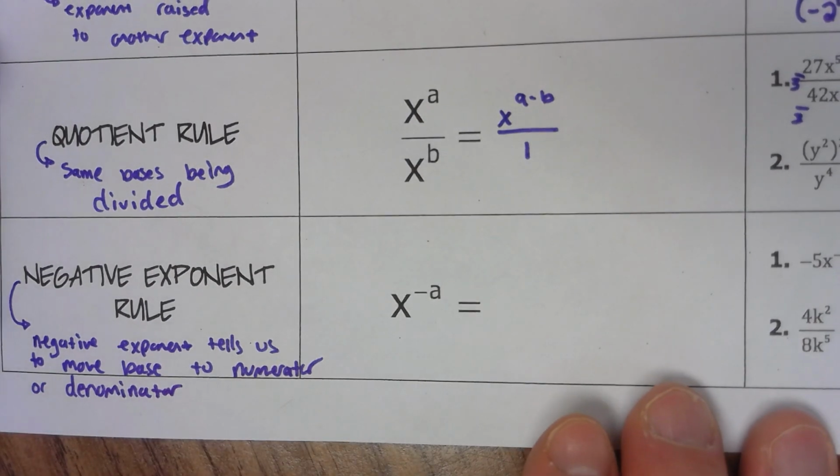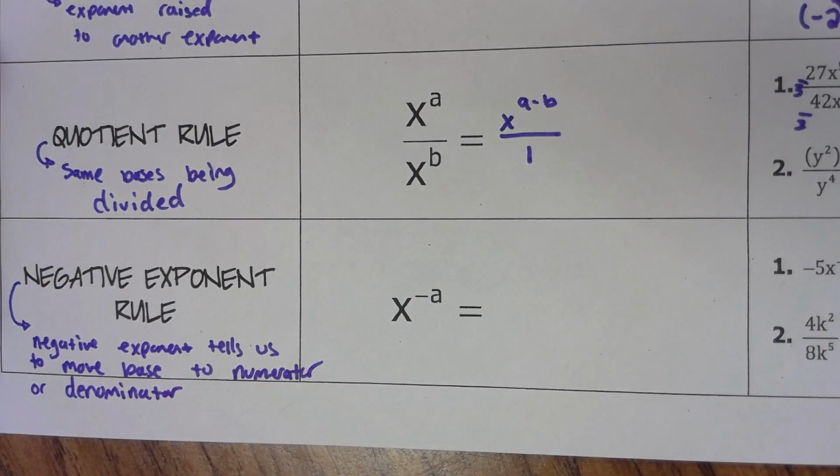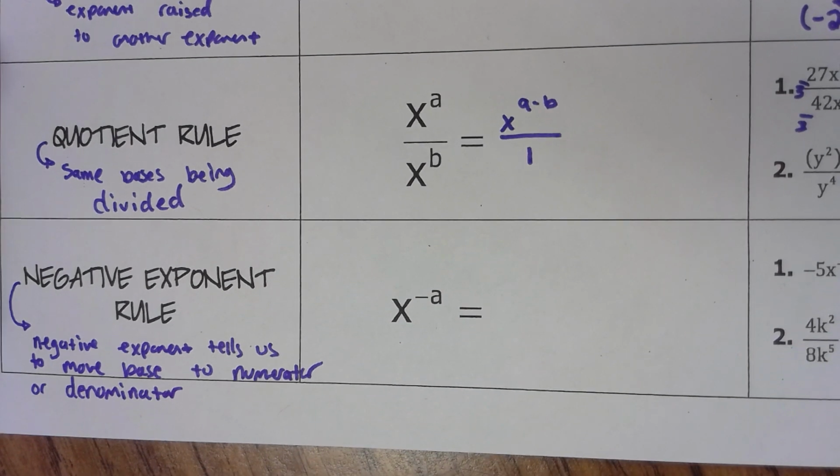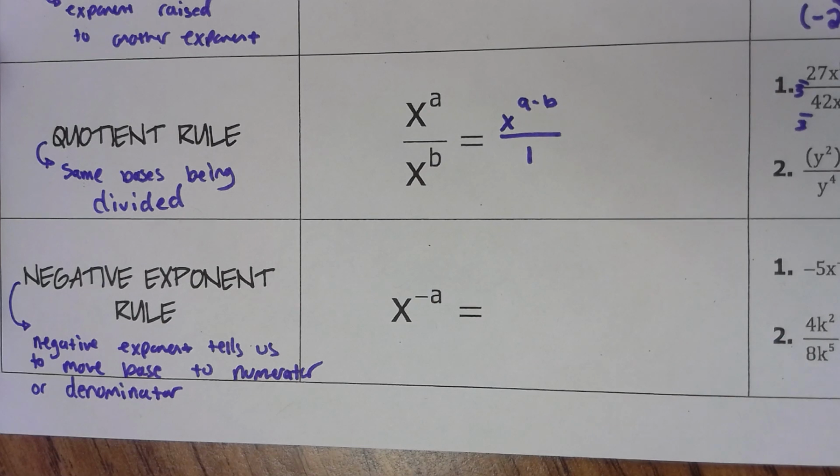So think of it as being just like a, hey, I've got to move this base. If it starts in the numerator, it's going to move to the denominator, or vice versa. If it's in the denominator, I'm going to move it to my numerator.